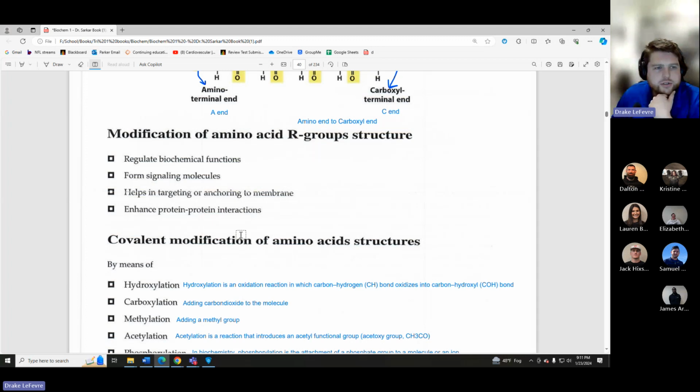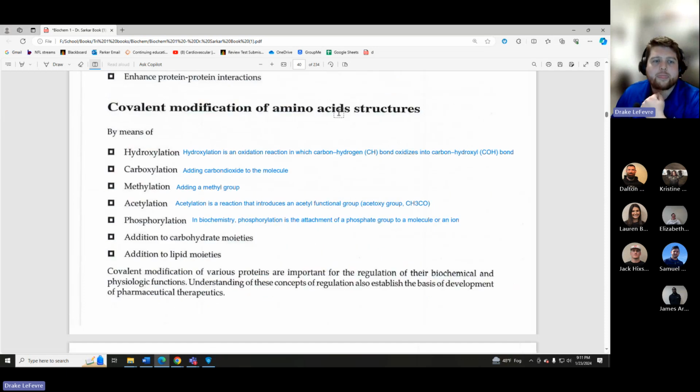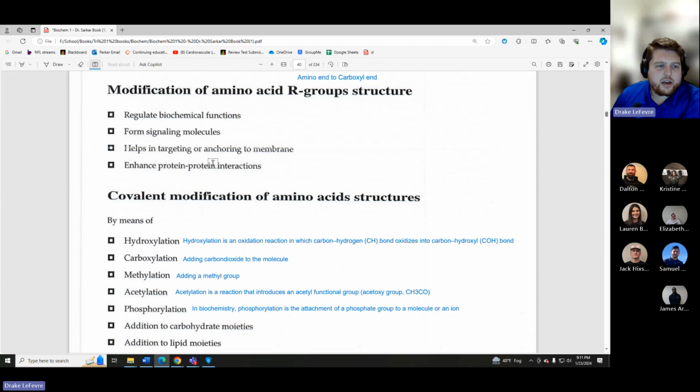Modifications, not super important right now. We'll get back into this later on. So understand modifications of amino acids, of the R groups.